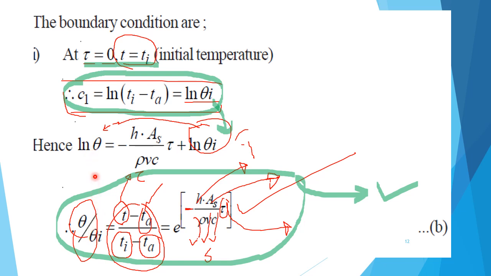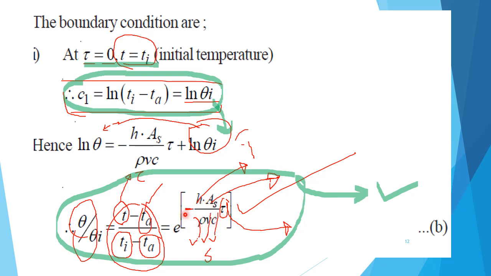And when I go for exponential power on both sides, or put e on both sides, I will get theta divided by theta i, that is T minus Ta divided by Ti minus Ta, equal to exponential power of minus hAs divided by rho Vc into tau.